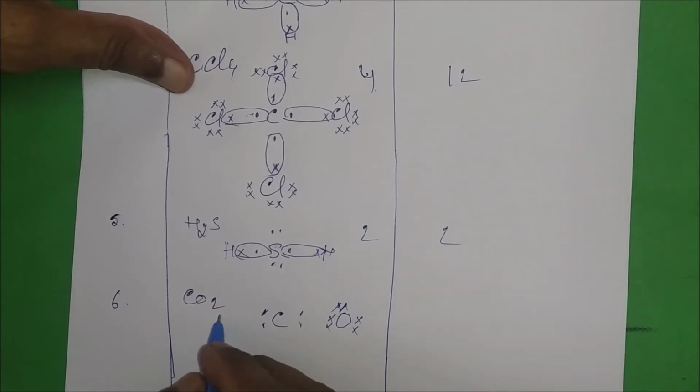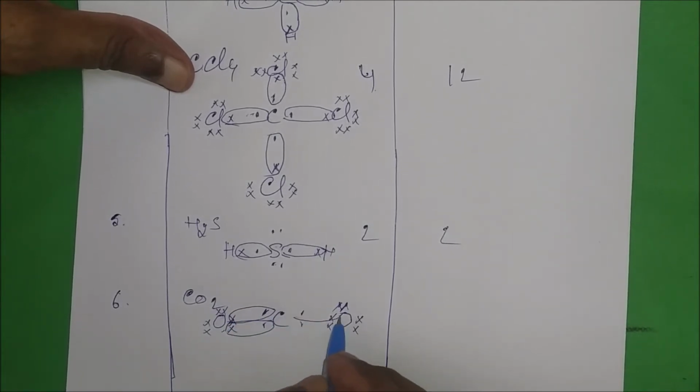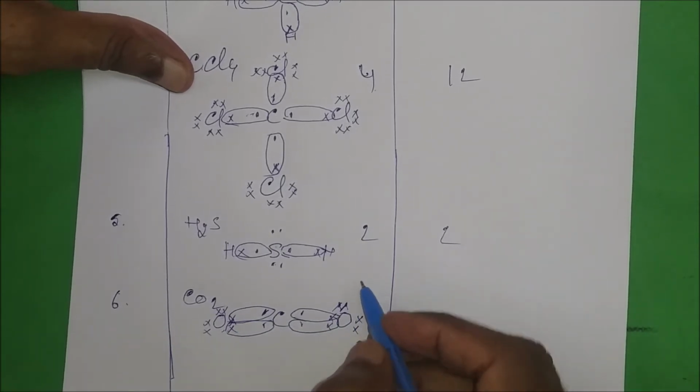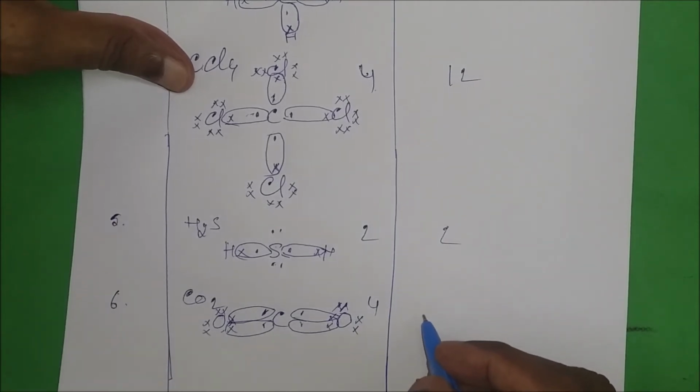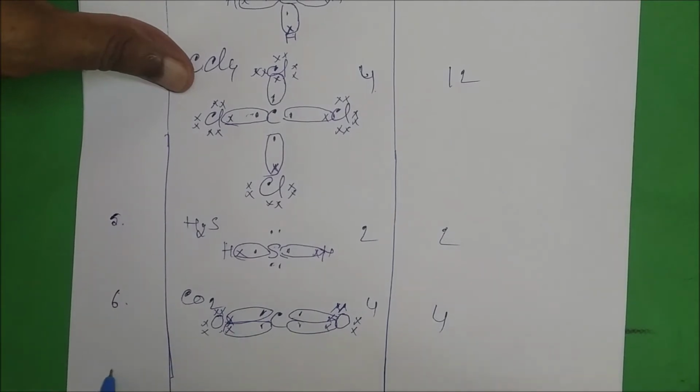Here also oxygen is there, 2, 4 and 2, 6. So these two combine, these two also combine. Here also these two will combine, and here. So bond pair is 4. But the lone pair will be what? That is also 4, right?